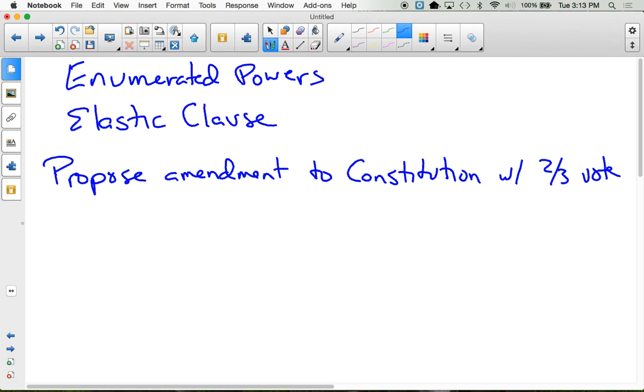Amending the Constitution is designed to be especially hard. They want that to be a really hard thing to do, which is why there have only been a grand total of 27 amendments, and 10 of them happened right away. So there's really only been 17 amendments.